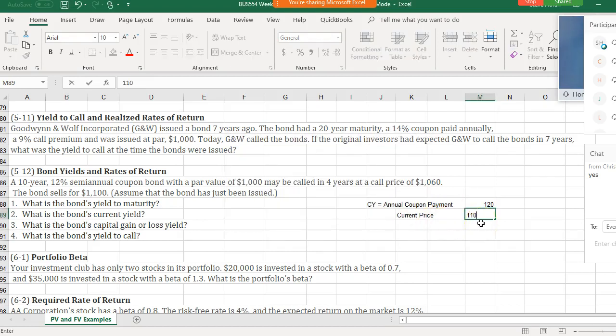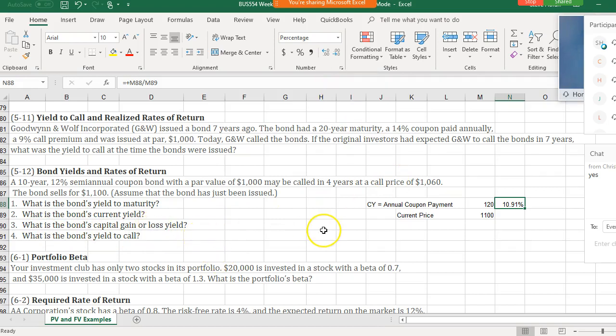It was just the $1,100. So my current yield is 120 divided by the 1,100. And I get, let's just turn that into a percent with 2 decimal points, 10.91%.